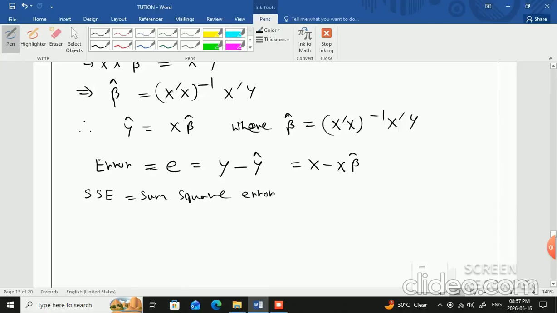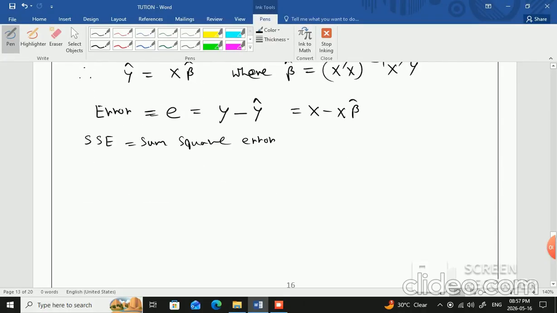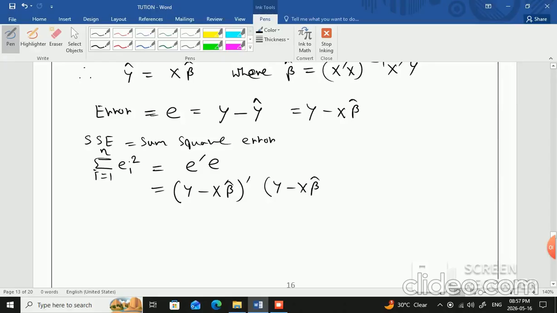Sum square error, how to find? Sum of error squares, with i running from 1 to n, that is e dash e. Here e means y minus x beta hat. So e dash e is y minus x beta hat, transpose, into y minus x beta hat.